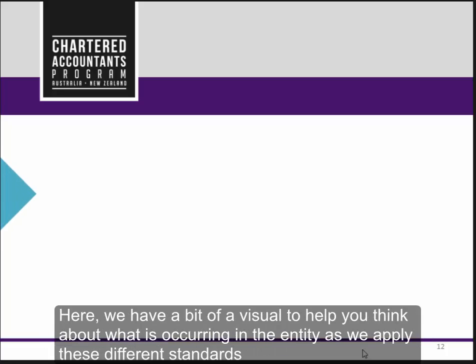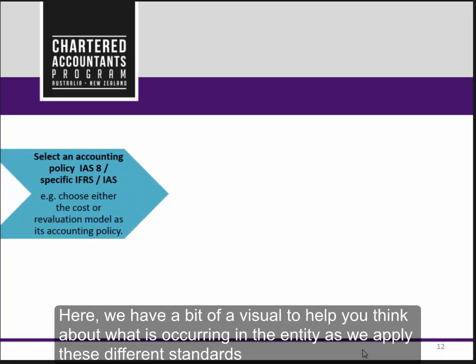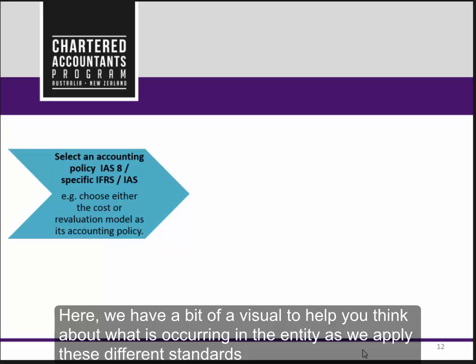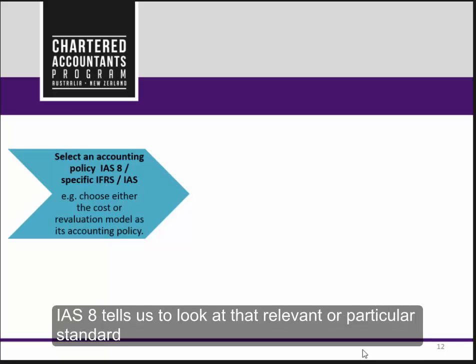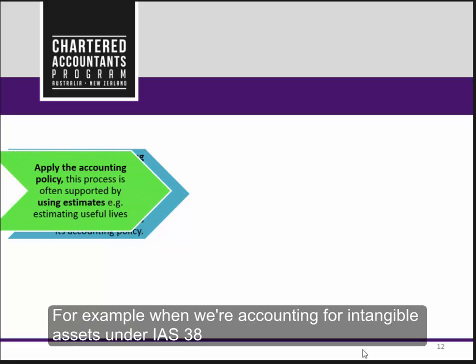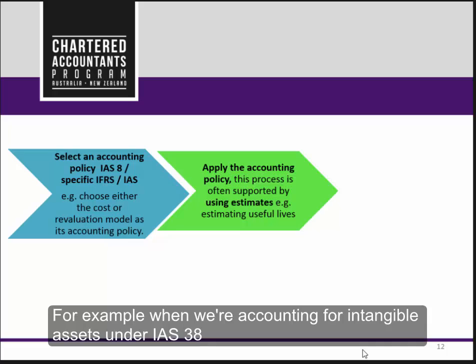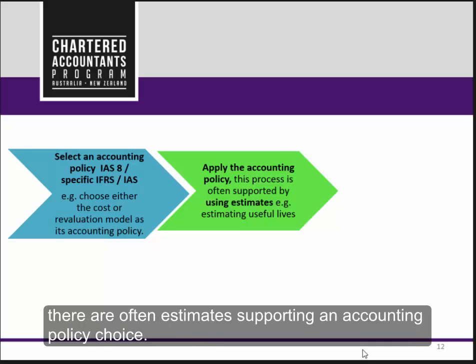Here we have a bit of a visual to help you think about what is occurring in the entity as we apply these different accounting standards. The choice of accounting policy usually falls under a particular standard, and IAS 8 tells us to look at that relevant or particular standard. For example, when we're accounting for intangible assets under IAS 38, there are often estimates supporting an accounting policy choice.